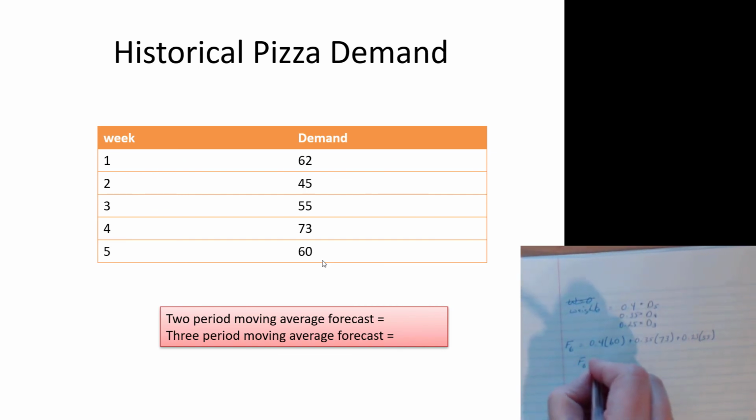Plug that through, 63.3. That's our forecast. So we have quite the variety of forecasts. This forecast is very similar to the n equals 3 simple moving average forecast.